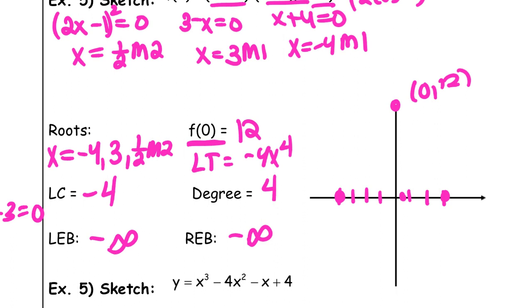Okay. So now we know from each root, we're going down. The 1/2 root is where we bounce, right? So this is going to cross. It's going to come over here and pick up this root. It's going to bounce.